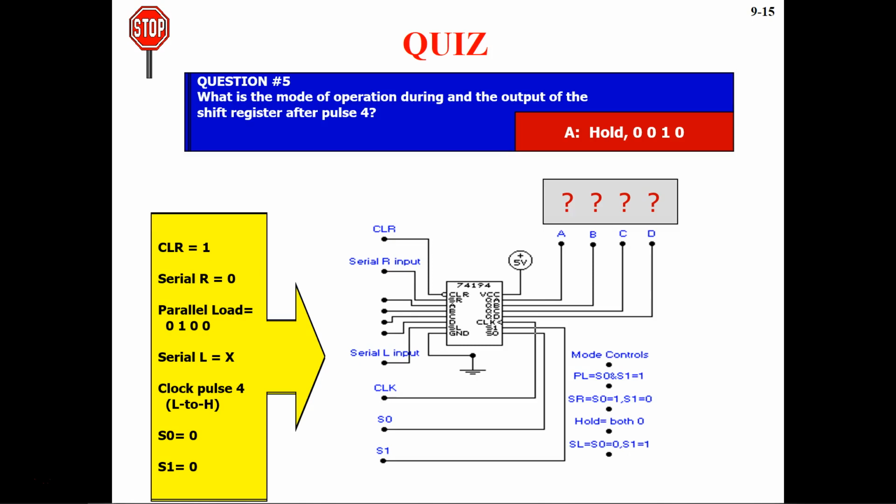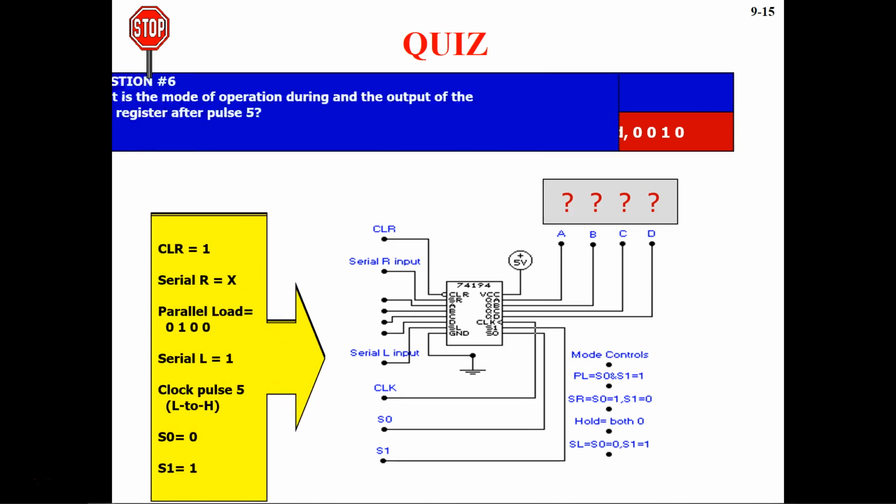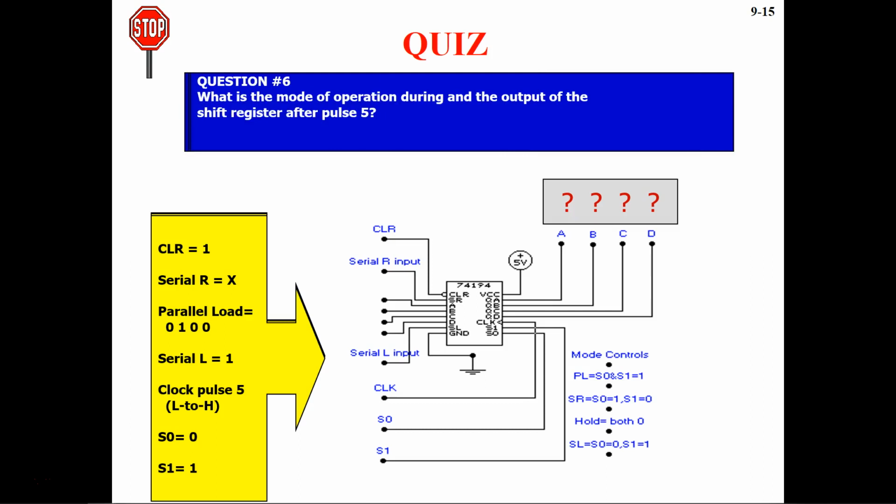Shifting towards left, this one will move towards here, so this 0 will go here, so 0, 1, 0, and then 1 is fed here, so we will get 0, 1, 0, 1. So that's your answer, 0, 1, 0, 1.